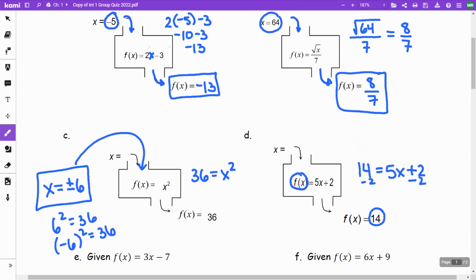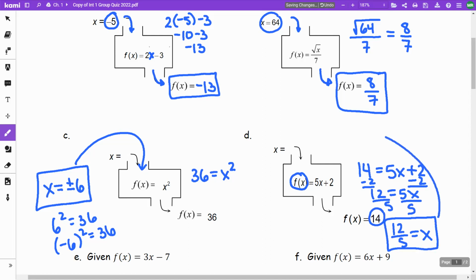I'm going to minus 2. I get 12 is equal to 5x. I divide by 5. And so my x is 12/5. That is what my input was to get out a 14.